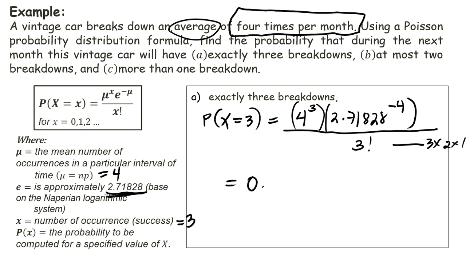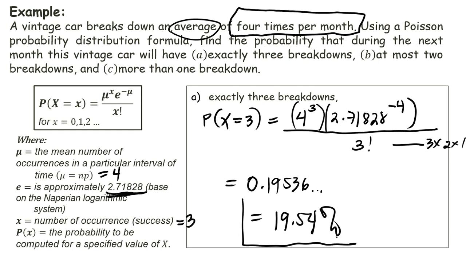Makukuha po natin is 0.19536. Multiply po natin yan sa 100%. So, ilang percent po na makakuha tayo ng exactly 3 breakdowns? We have 19.54%. Ayan. Ganyan lang siya kasimple.